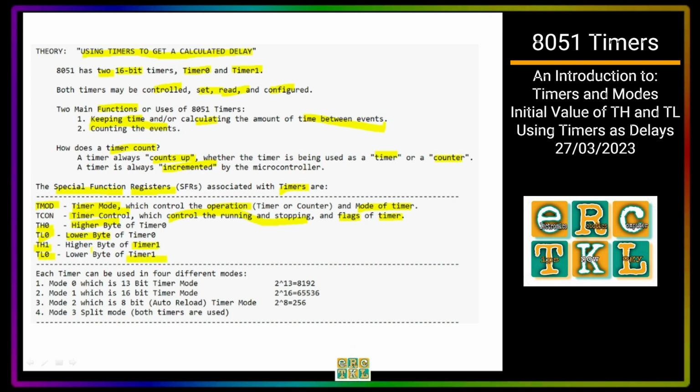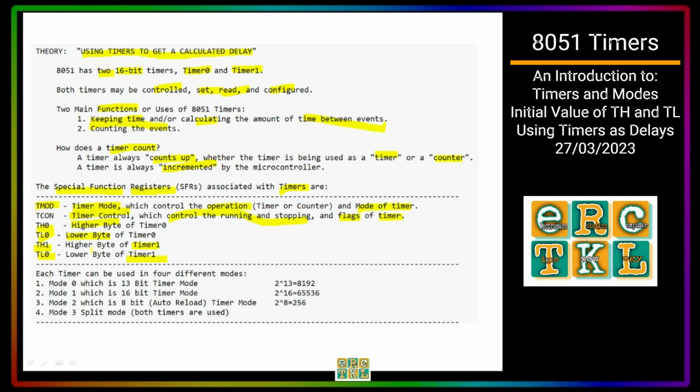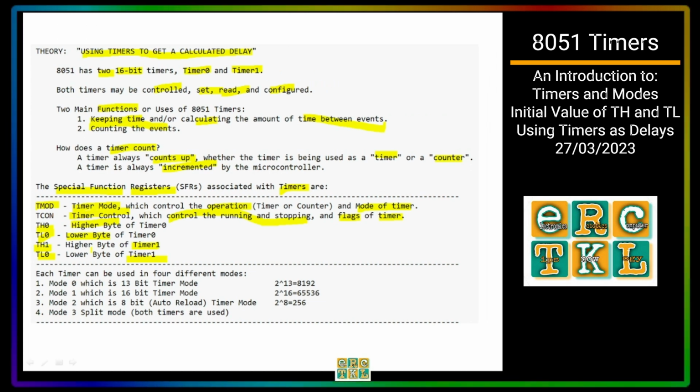So timer 0 and timer 1 both have 16 bits, but the 16 bits are divided in 2. The 8 bits for the TH and the 8 bits for the TL. And we put 0 so that we know it's timer 0.